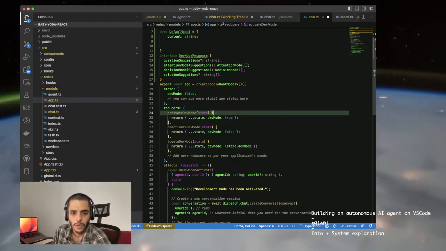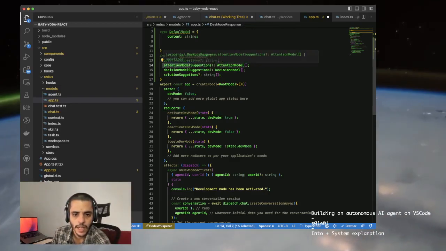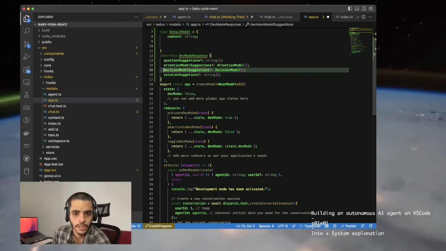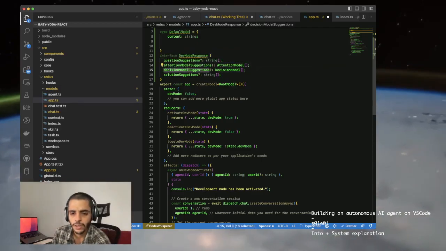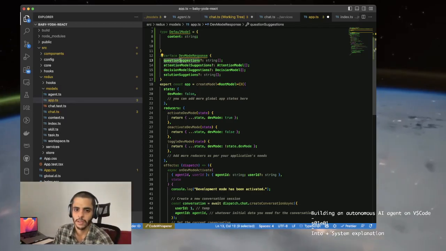So, what are the attention models a certain type of agent should have? What is a decision model that a certain agent should have? Solution suggestions, question suggestions as well.